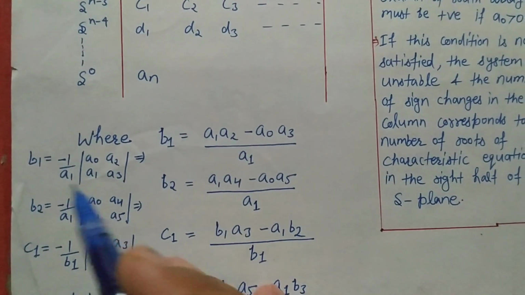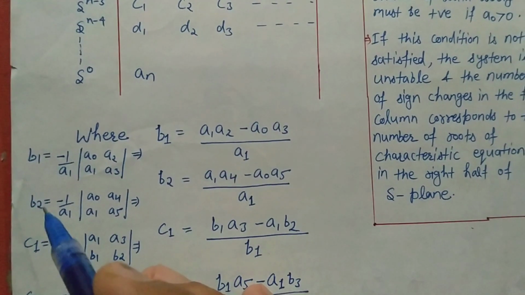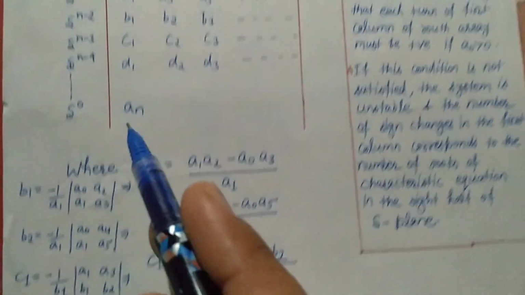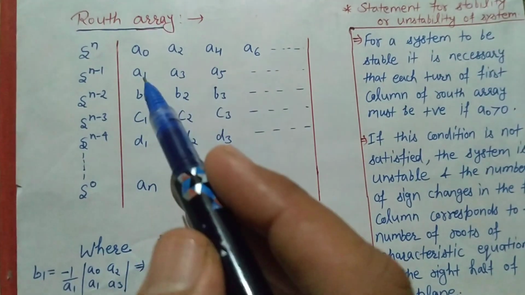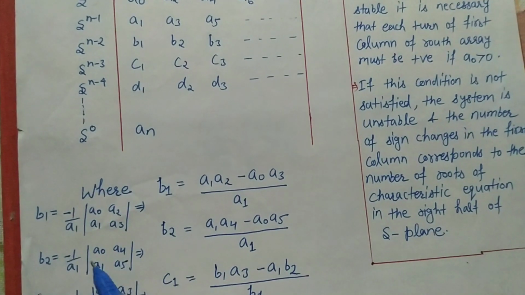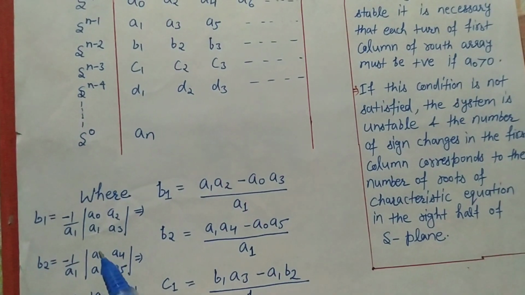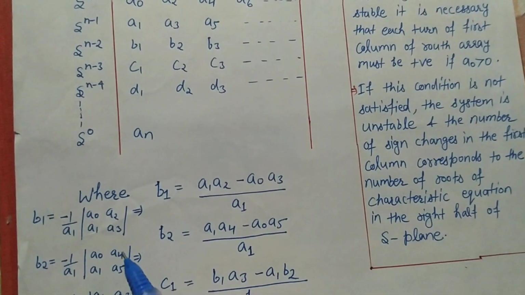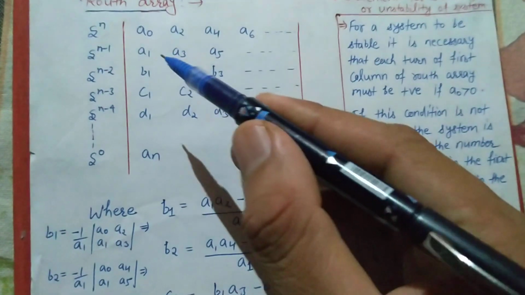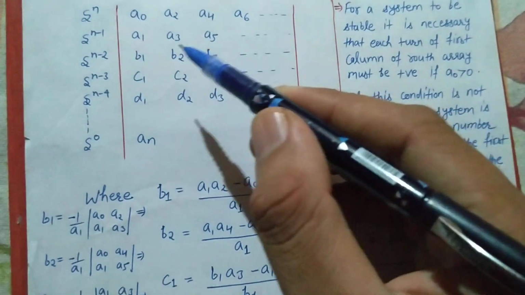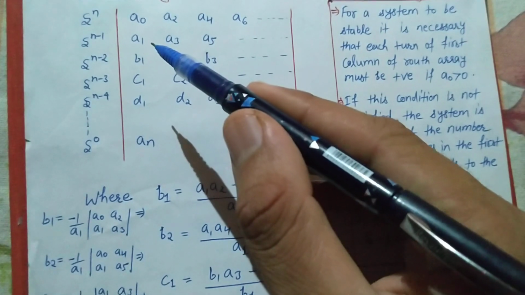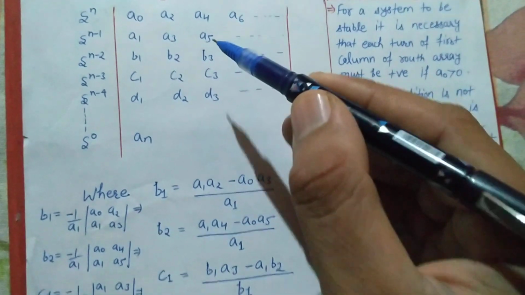Now we will find out b2. We can write it as b2 is equal to minus 1 upon a1 and determinant of a0, a1 and a4, a5.